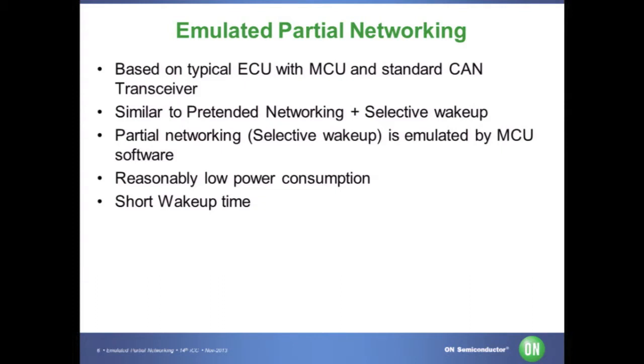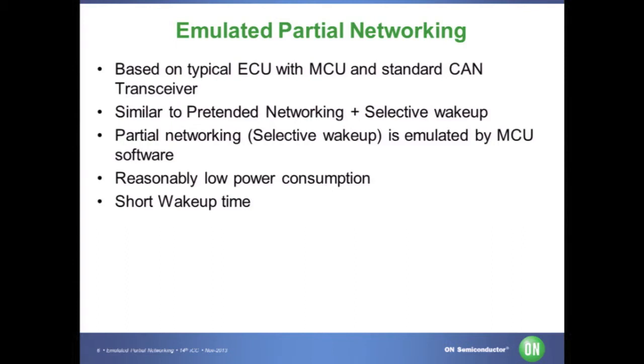As you know, the main benefit of partial networking is the selected wake-up functionality, while the main advantage of pretended networking is no need for special hardware or hardware modifications. So we combined them and we emulated the selected wake-up functionality with software within the MCU, the microcontroller.